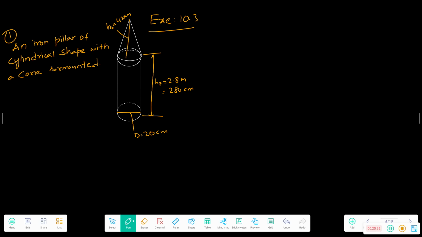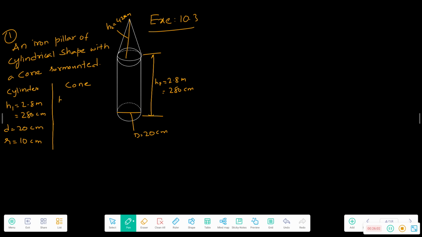Now we need to find the volume. Let us write in detail the dimensions of the cylinder and the cone. Height h1 is 2.8 meter, so simply we write 280 centimeter, because everything is in centimeter, even the weight is given per centimeter cube. Diameter d is 20 centimeter, common for both, so r is 10 centimeter.